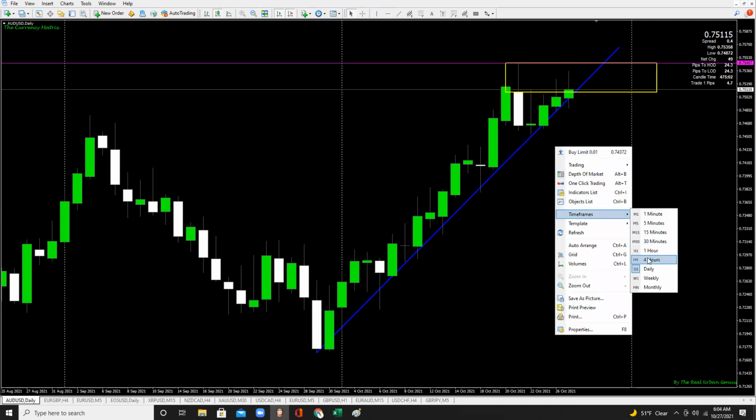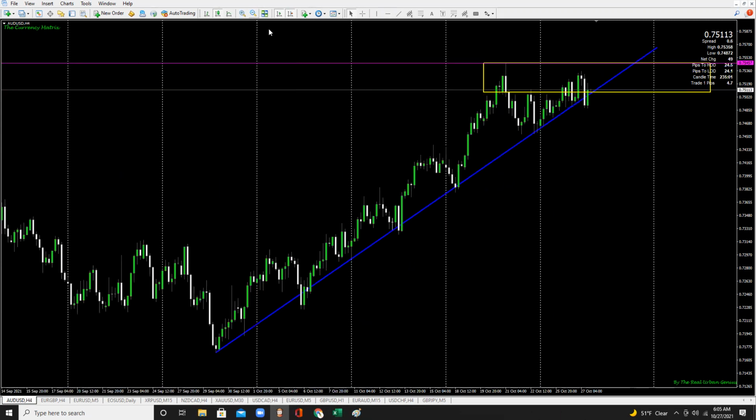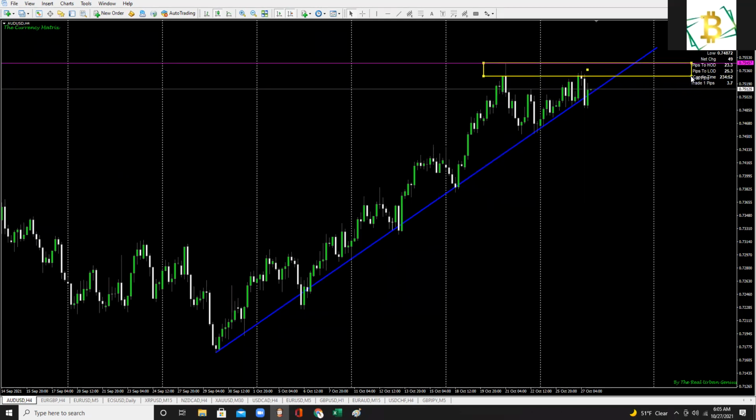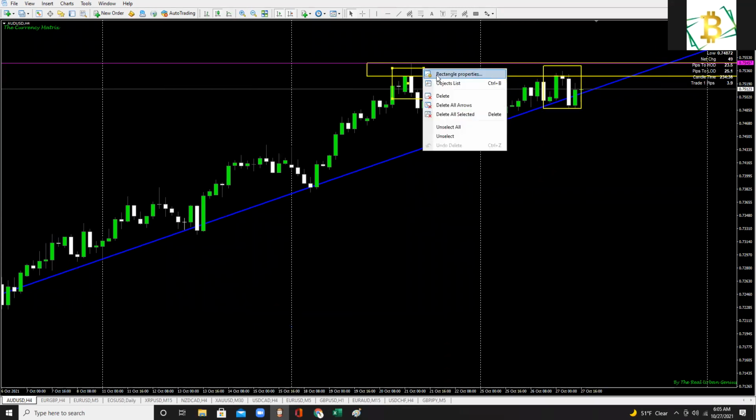Let's go into the 4 hour. Here on the 4 hour, this is what we see. We see the uptrend, and then we see this peak, drag that across wick to body. Here's the reversal candle at the end of the trend. It's a bearish engulfing, hanging man. Everybody see the bearish engulfing here?